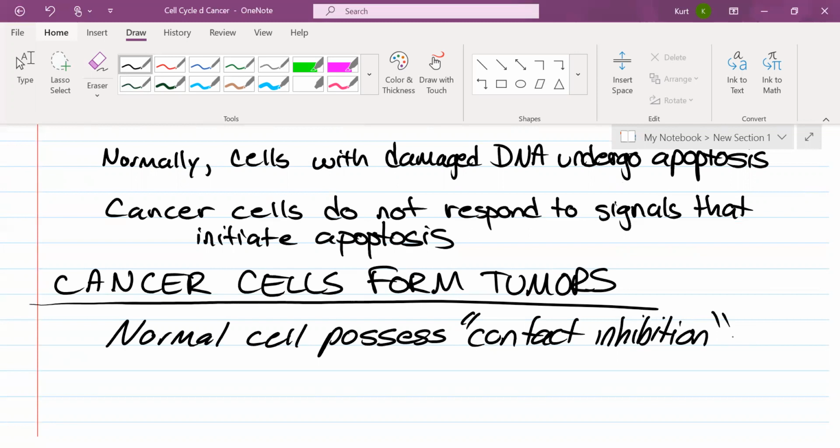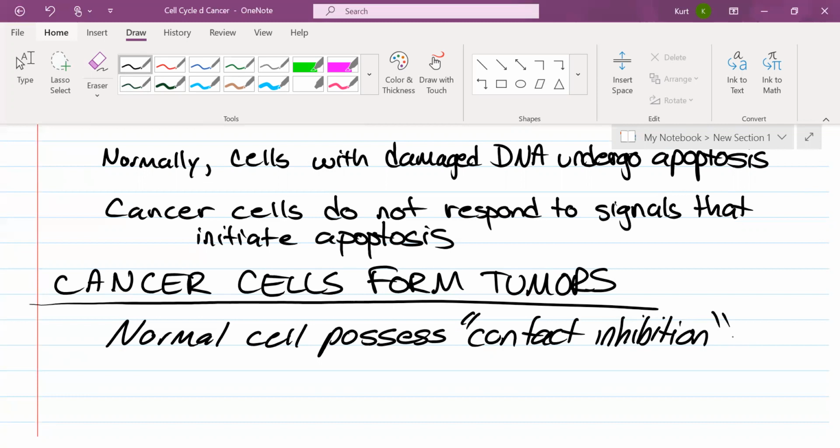What that means is when a cell bumps into another cell, it knows to stop proliferating. It knows to stop dividing. You ever notice when you have a wound or an injury, the wound is healed over, but then it stops healing? The healing process is complete. That's because our cells possess contact inhibition. When cells hit other cells, they stop multiplying. Cancer doesn't play those rules.